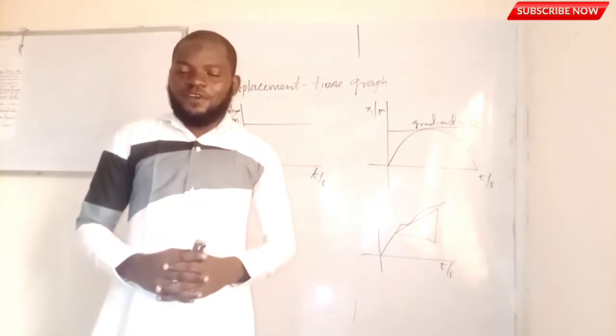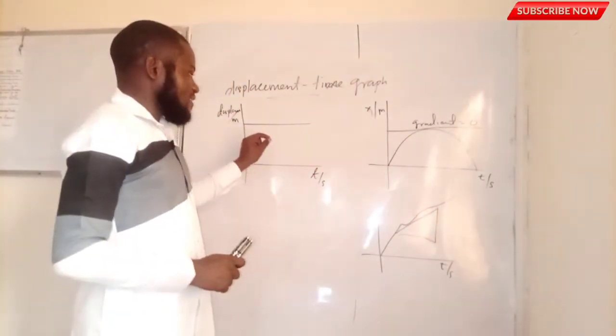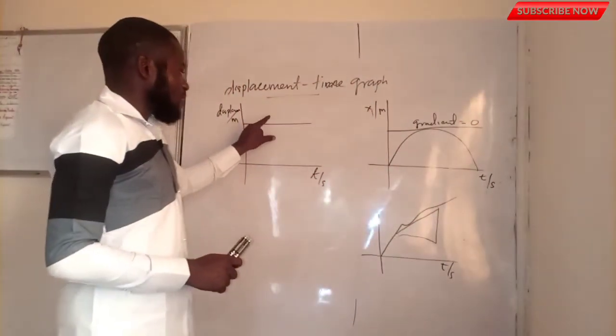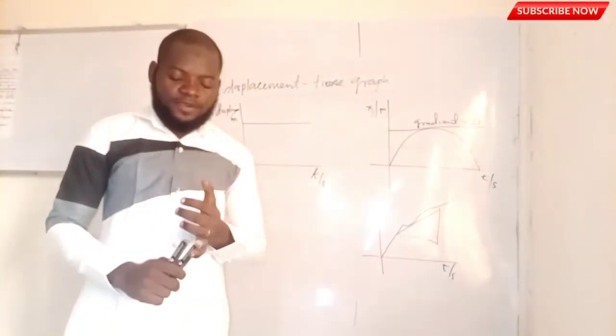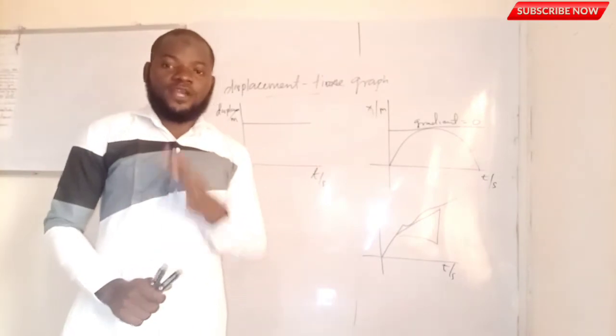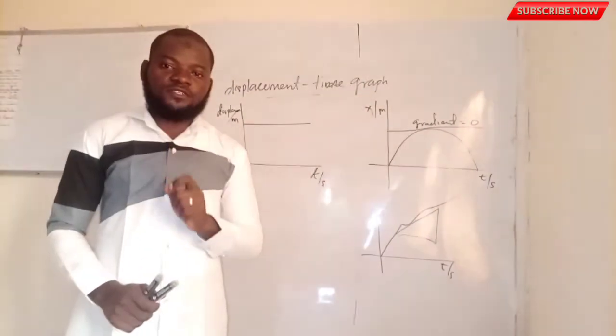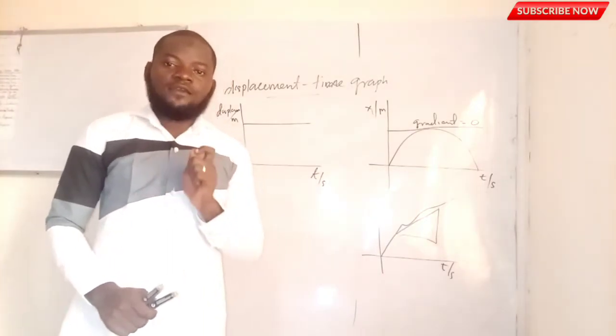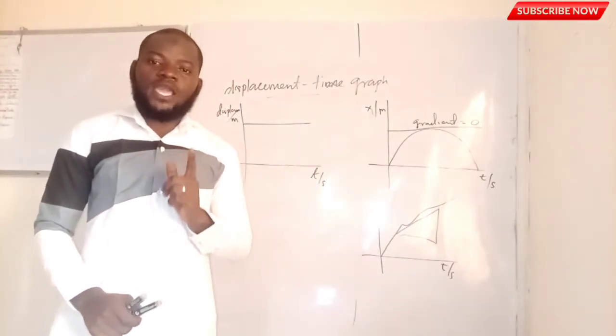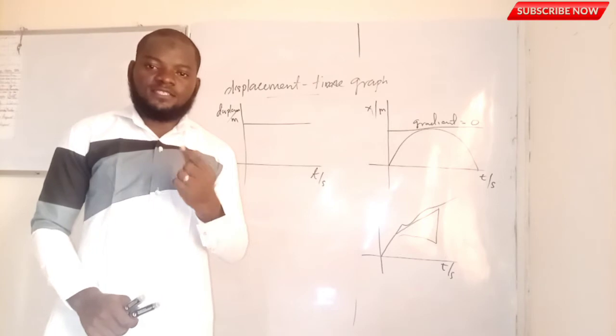Okay, so let's go. Now, when we talk about these two types of graphs that I've mentioned, that is the distance time graph and the displacement time graph, you see that the only thing we are able to deduce from them is just one thing each. That is, for the distance time graph, the only thing we are able to deduce is just the speed.